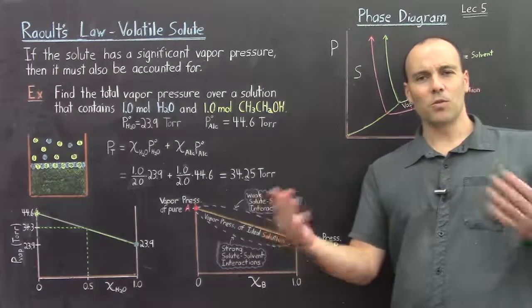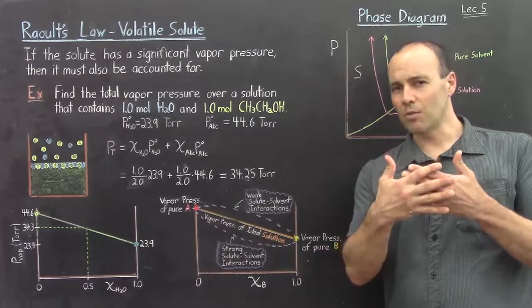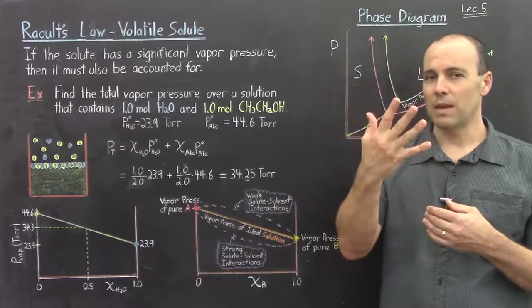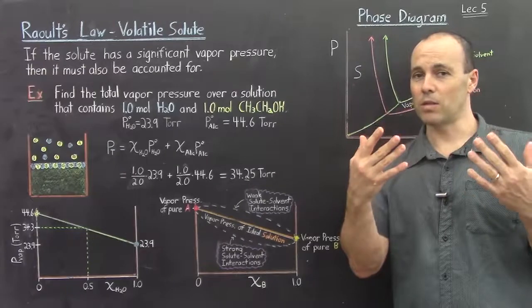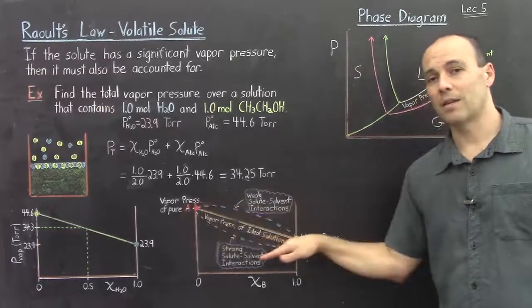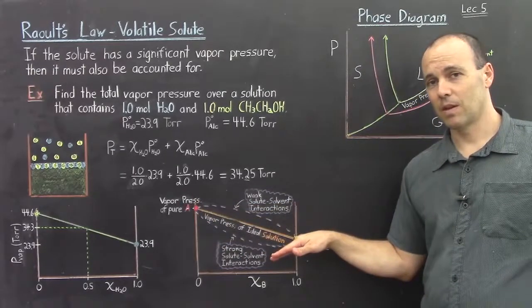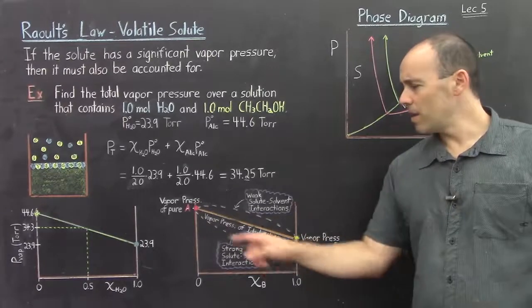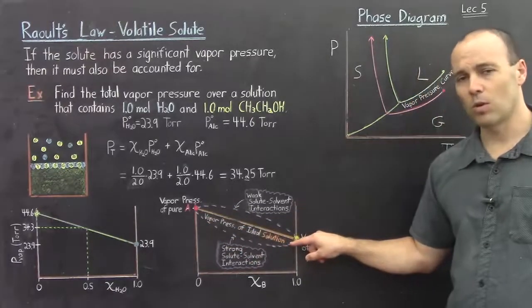Now suppose the two components have strong interactions, then that will hinder the vaporization of the two components, and the vapor pressure will be less than expected. So if the interactions between A and B are strong, then the vapor pressure will be less than what we expect.